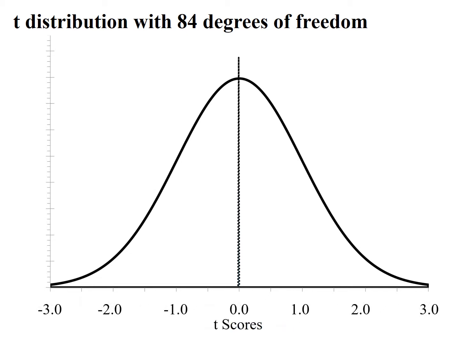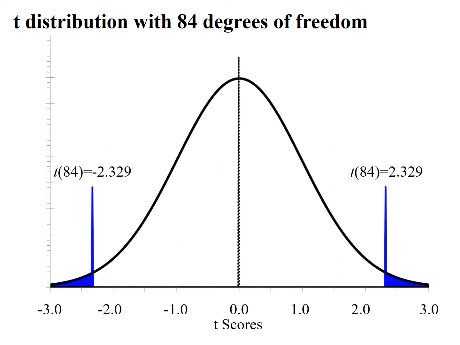Our observed t-score was 2.329, so given we have a two-tailed hypothesis, our p-value is equal to the area that's above a t-score of 2.329 and the area that's below a t-score of negative 2.329.